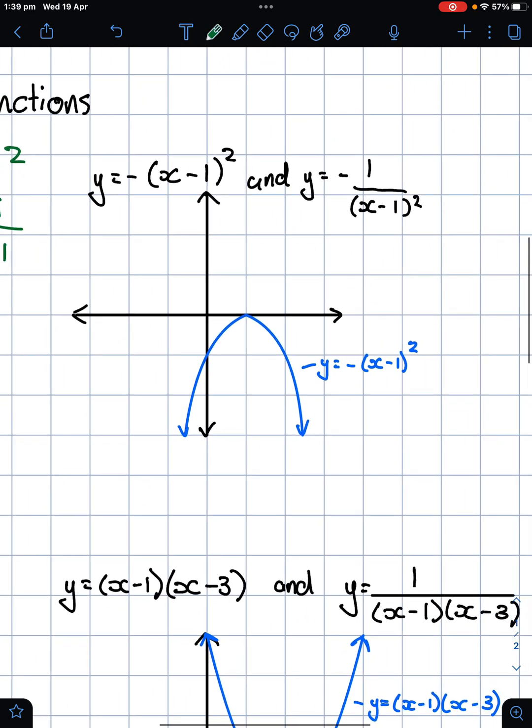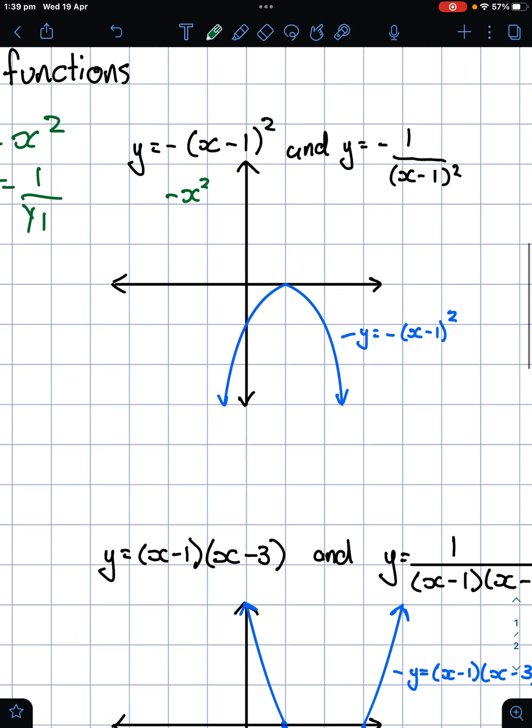Now, when we come to graphing these, it's not specifically mentioned, but 1's a really good value. When our original function equals 1, if we divide by 1, it becomes easy to find that coordinate. So I've got that there. All right, then let's go to the next one. Let's graph this one really quickly. We've got negative bracket x minus 1 squared. So this is like a double transformation in that if we just went negative x squared, it would be a reflection and we would have a downward function.